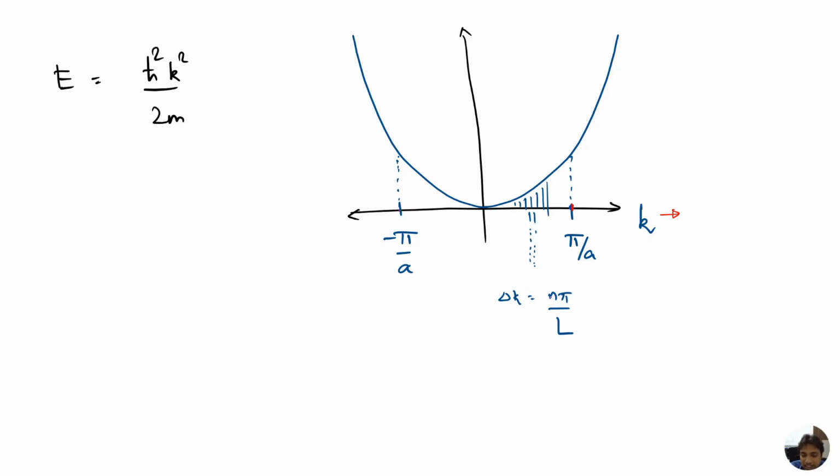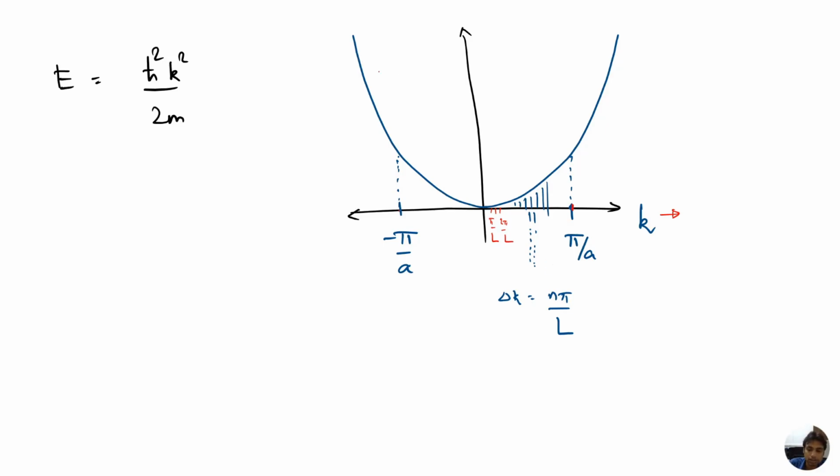And here also, these points if you want to plot pi by L, 2 pi by L, now you see that this pi by L is really very very small as compared to pi by A, isn't it?